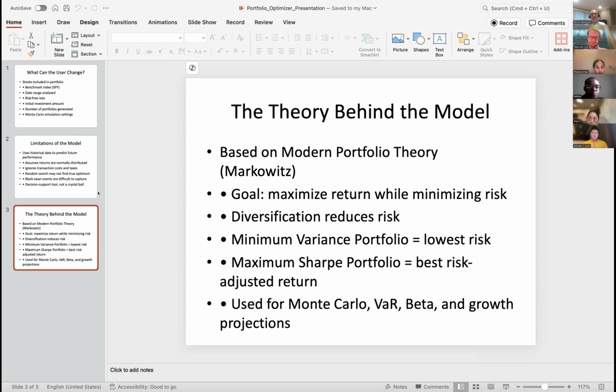If two stocks are not perfectly correlated, then combining them can reduce the overall risk of the portfolio, which is one of the ways that investors diversify their portfolio.